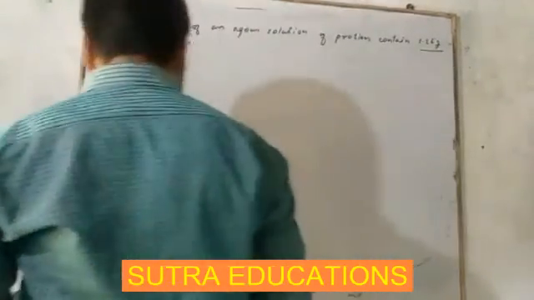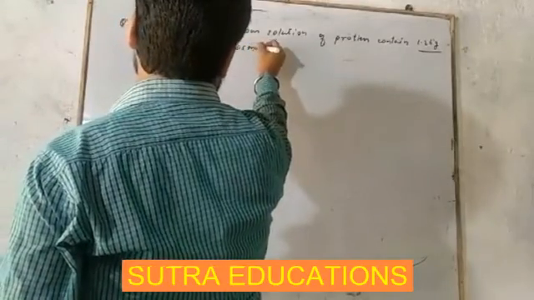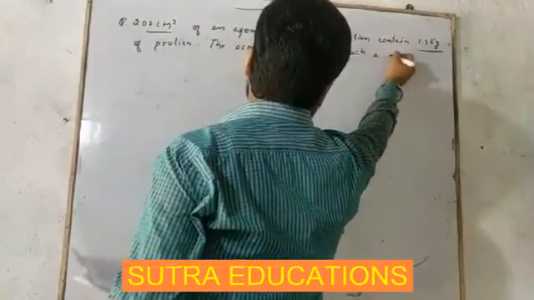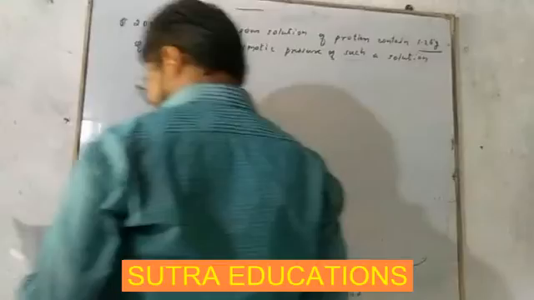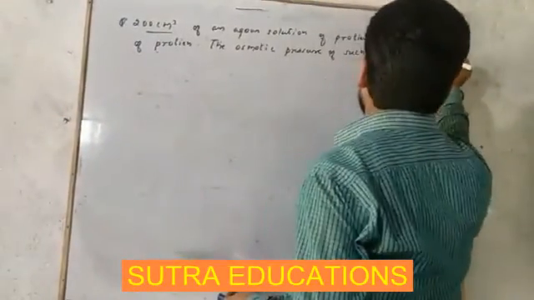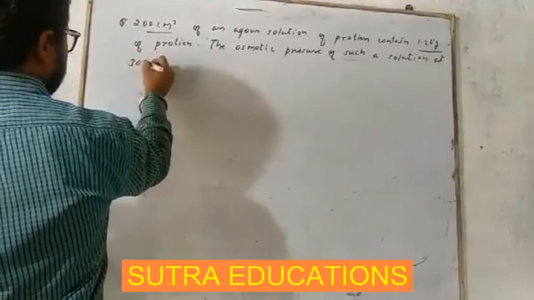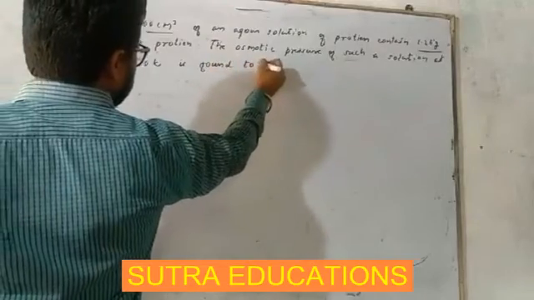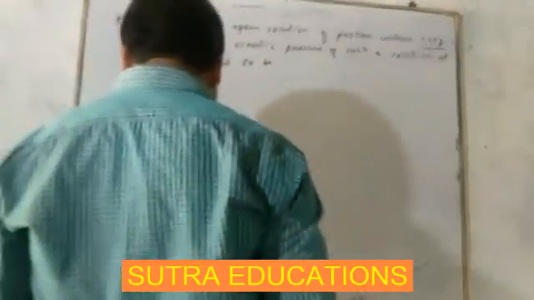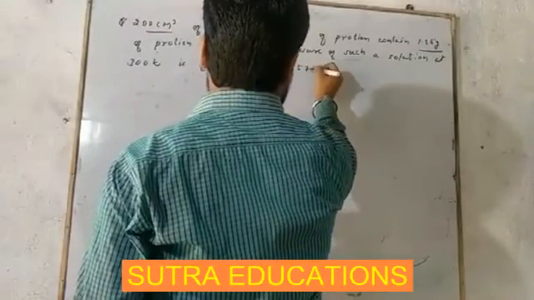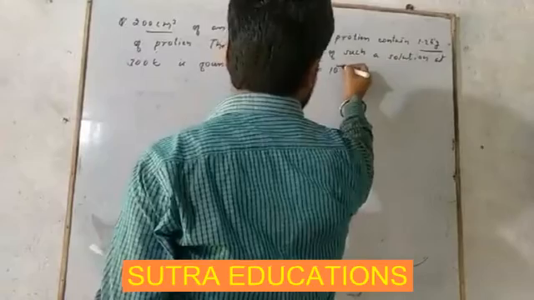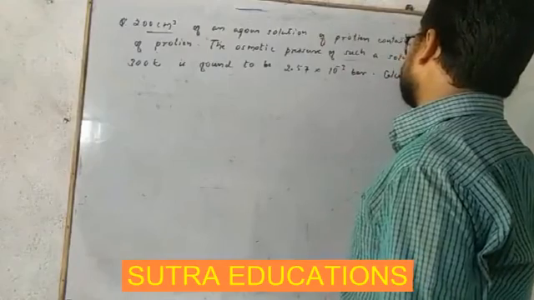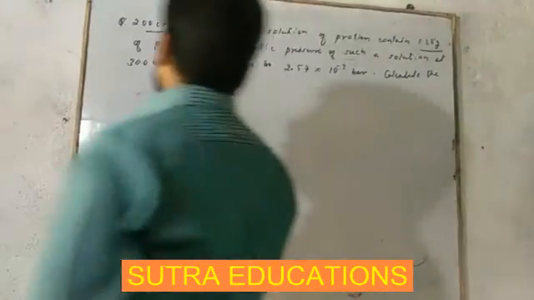The osmotic pressure of such a solution at 300 Kelvin is found to be 2.57 into 10 to the power minus 3 bar. Calculate the molar mass of protein.